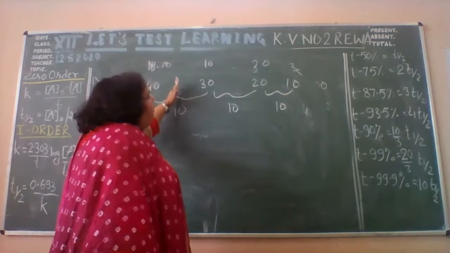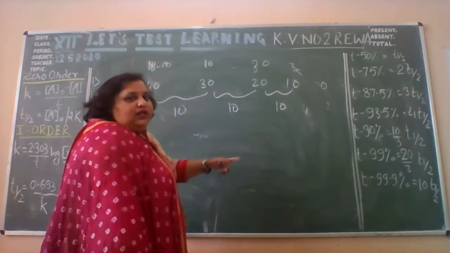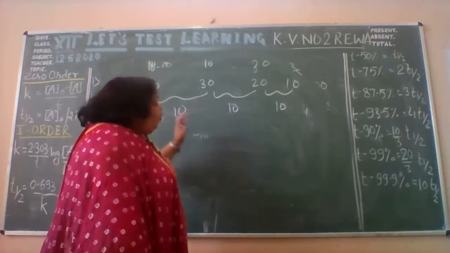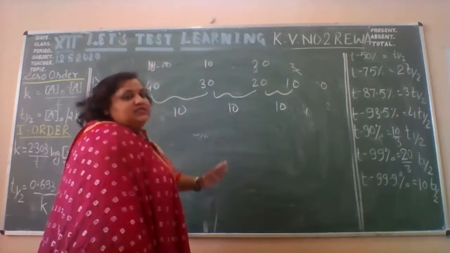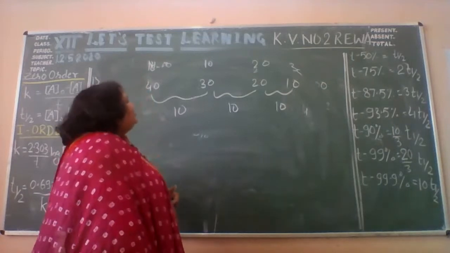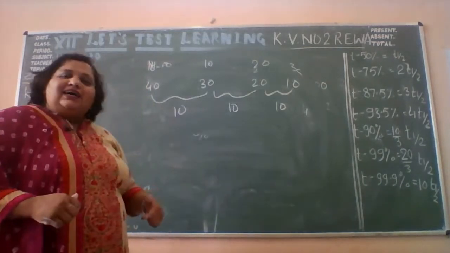If the same amount is decreasing in the same interval, it is a zero order reaction. If the same percentage is decreasing, the order will be 1. So these were the very important tricks for the day.